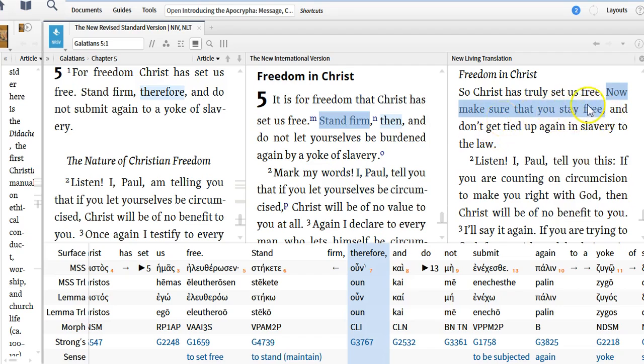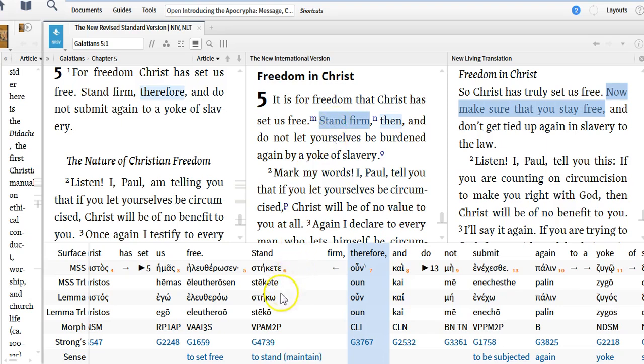And that might suggest that the NLT does in fact regard the word for freedom in 5.1 that it didn't translate up front as the destination of Christ's action of liberation, but has simply transferred that sense, has simply delayed bringing that out to the second half of the verse.